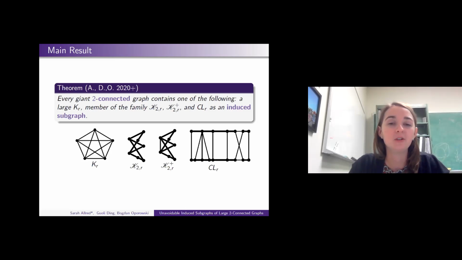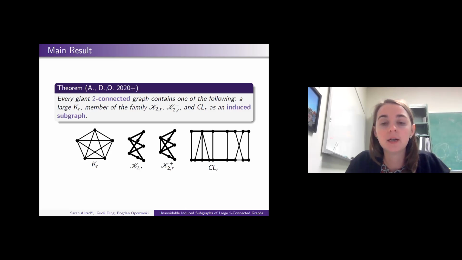So we have to be happy with K2R having that edge. And again, in this family, things can be subdivided any number of times because we can't do any type of contraction to make those paths be single edges.